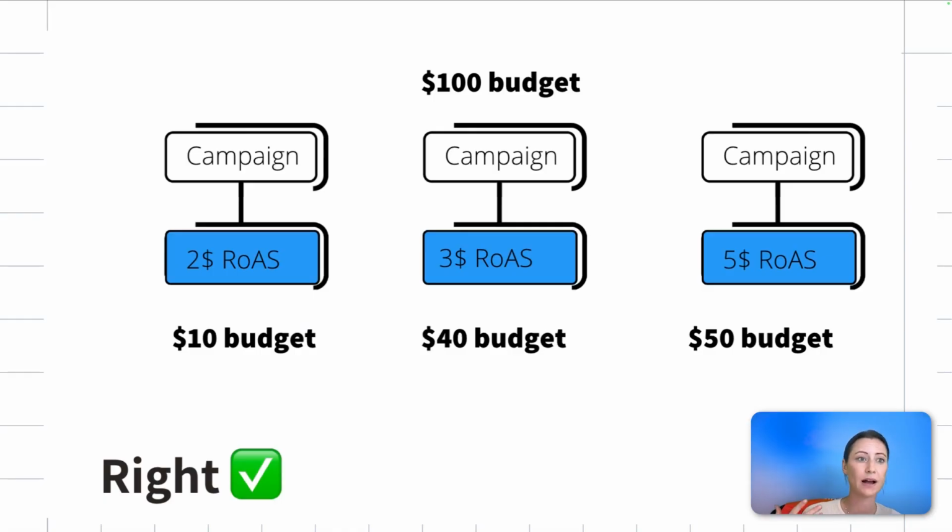On the flip side, my campaign is doing really well, my $5 ROAS, let's go ahead and increase the budget on that campaign. That can help you be much more efficient and also scale what is working and turn down what is not working. It's one of the biggest reasons that we recommend breaking out your campaigns in this fashion.